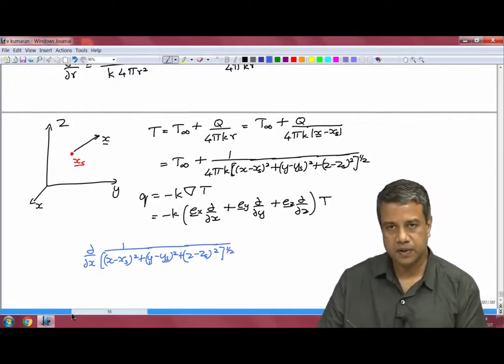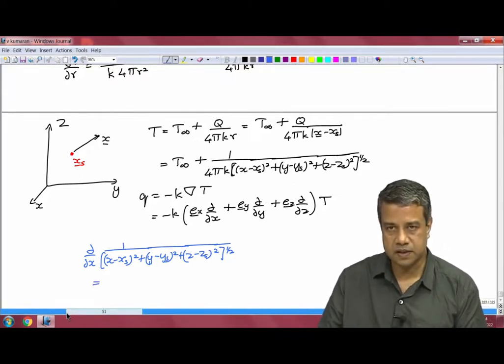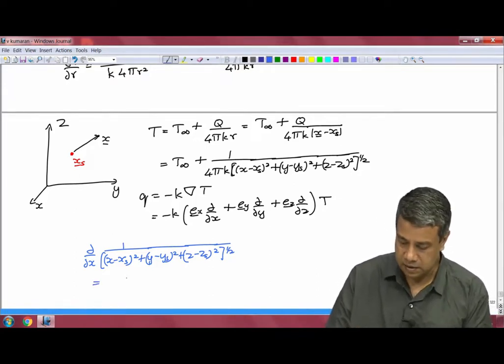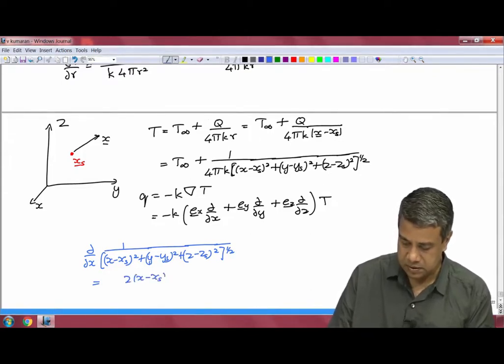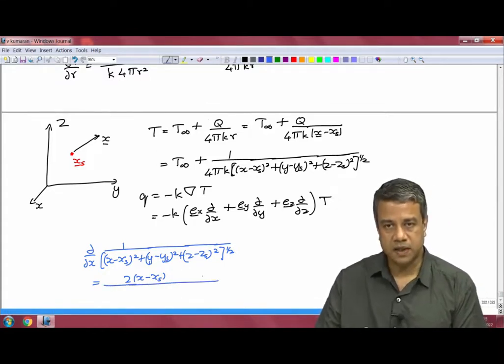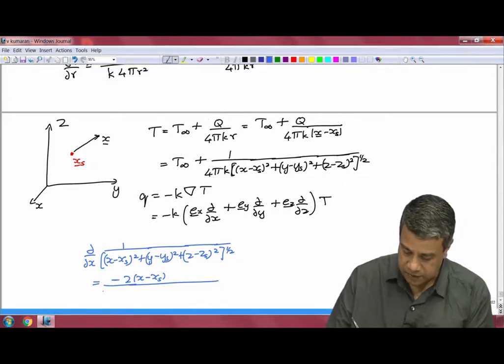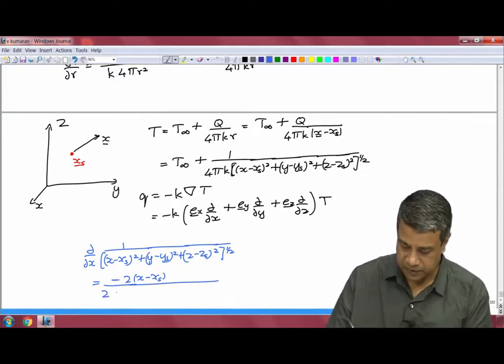When I take this, first I have to differentiate the argument in the denominator, which will be 2 into x minus xs, and then I will get minus half into this whole thing to the 3 halves.